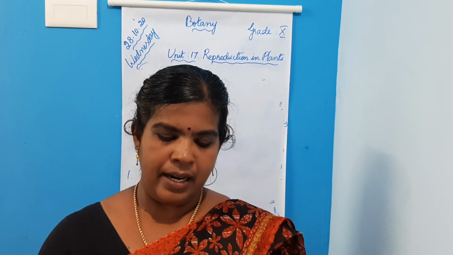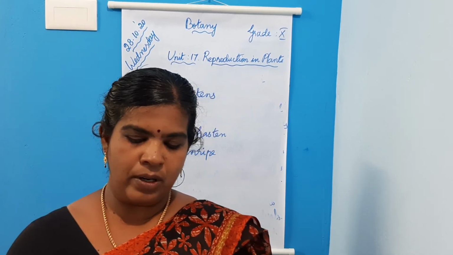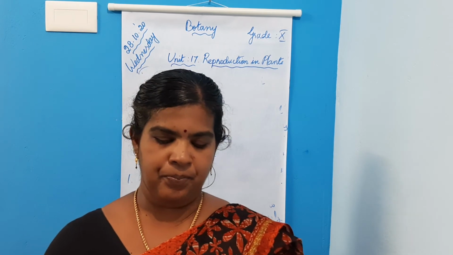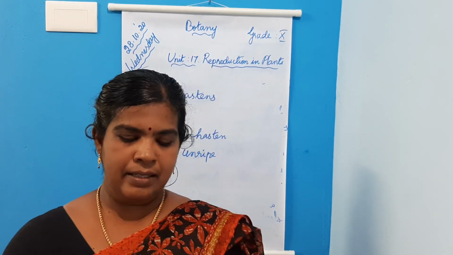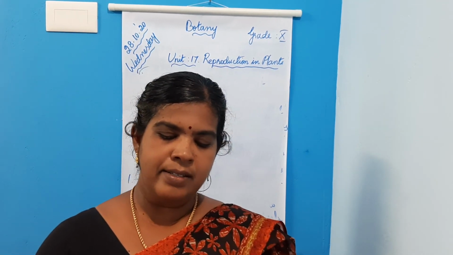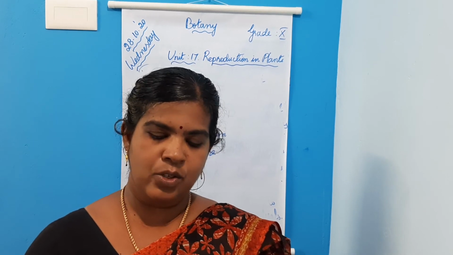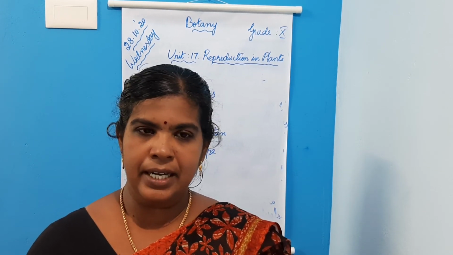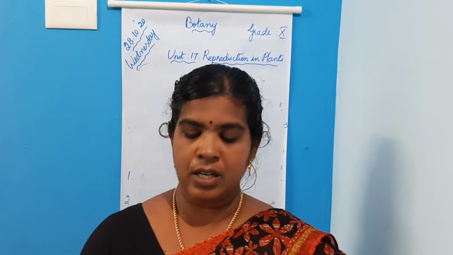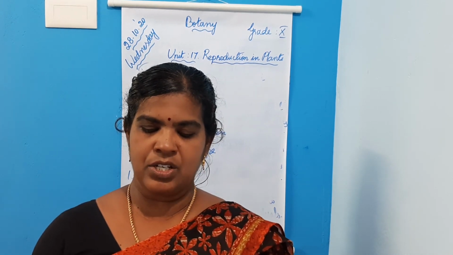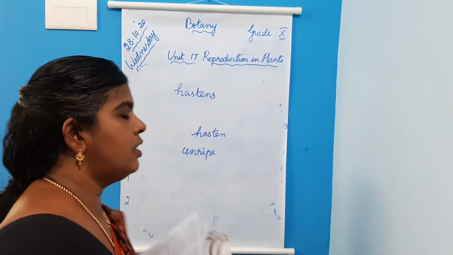Question 3. When cytokinin is not added to the culture medium. Start the answer like this: if cytokinin is not added to the culture medium, then cell division, growth and differentiation will not be observed.